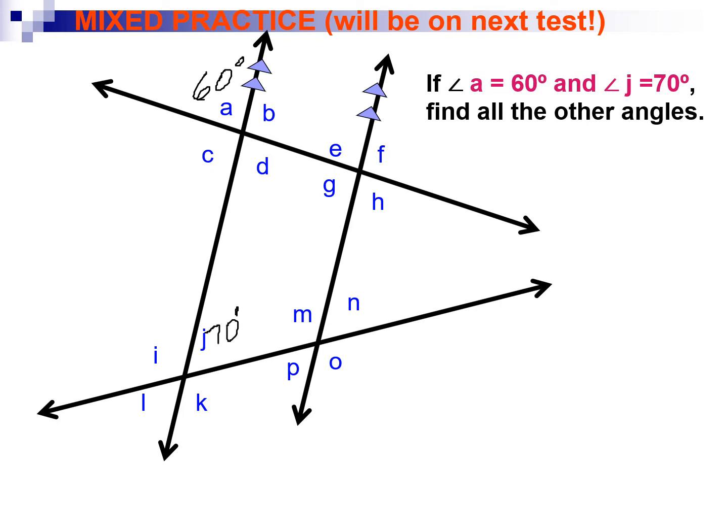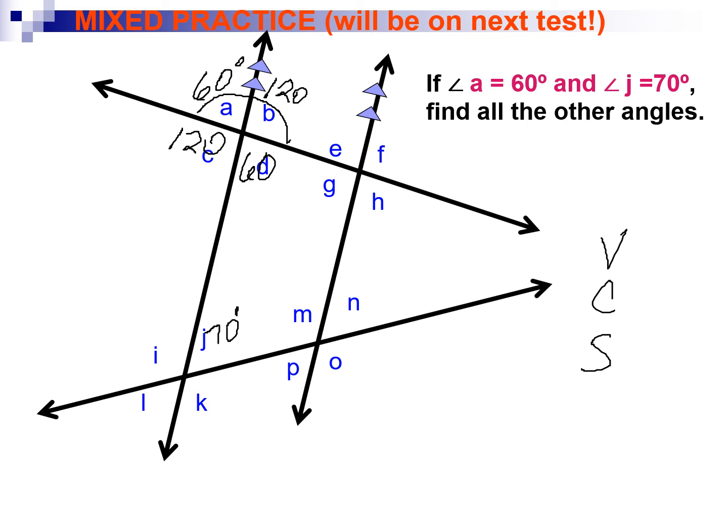Well, let's start back with our basics. We got verticals, complementaries, supplementaries. Do we have any verticals? Yes. 60. Do we have any complementaries, right angle boxes? No. Alright, so that leaves a supplementary, straight line, 180, so that's going to make 120. And then it has a vertical opposite to it, 120.